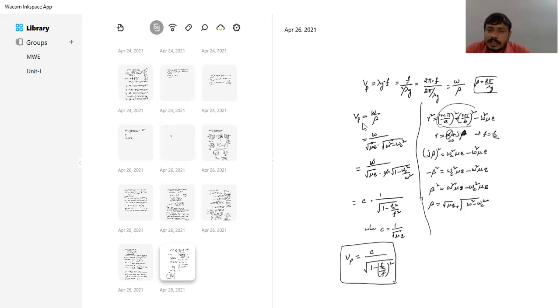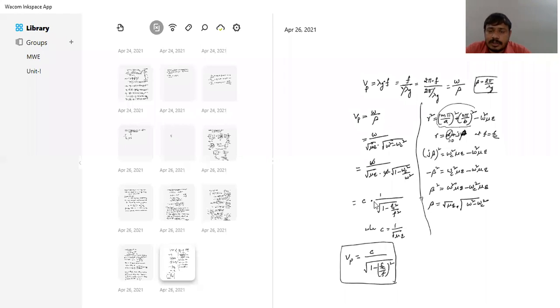Remember beta is equal to root mu epsilon root omega square minus omega c square. Now our Vp is equal to omega by beta. In place of beta, I am substituting this: root mu epsilon into root omega square minus omega c square. Taking omega out of the root, we get omega into root 1 minus omega c square by omega square, and omega gets cancelled.